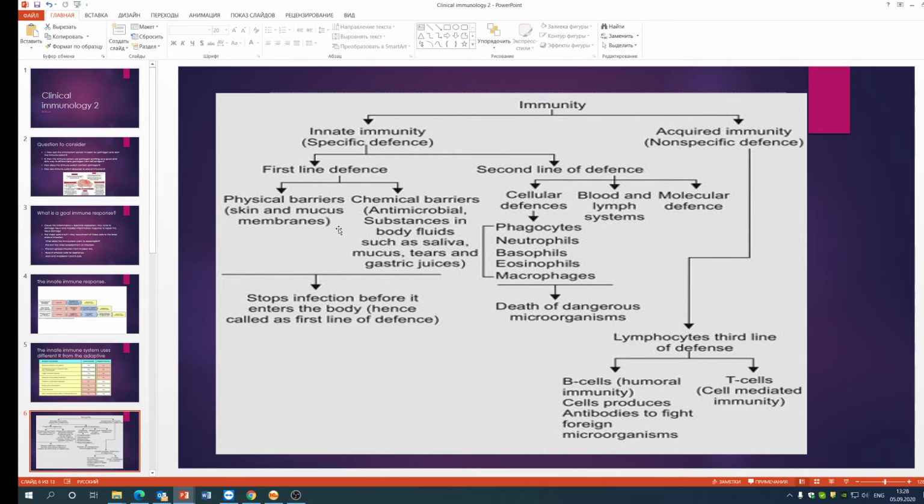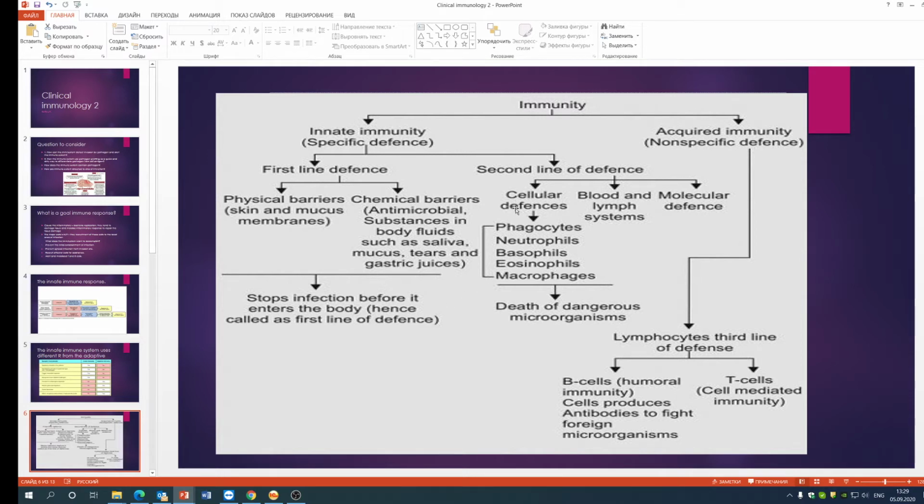Chemical barriers are antimicrobial substances in the blood fluids, such as ferritin and other oxidant molecules, and in mucous membranes, saliva, teeth, and gastric juices. This stops infection before it enters the body, hence it is called the first line of defense.